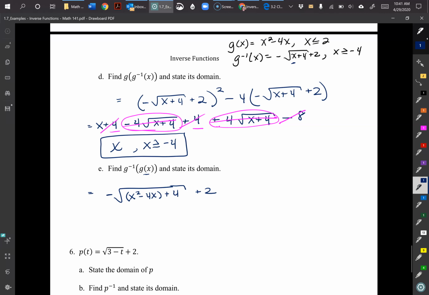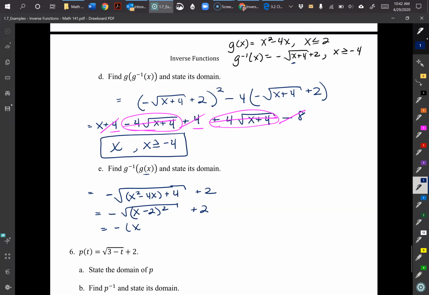So that works out kind of nicely. So I can really just remove the parentheses there, and then I have my perfect square trinomial, right? So I can write this as negative square root of x minus 2 squared, plus 2. Then I would end up with negative, take the square root of that, I get negative x minus 2.